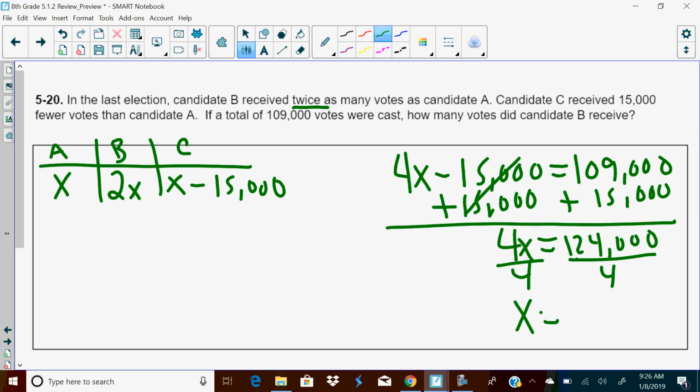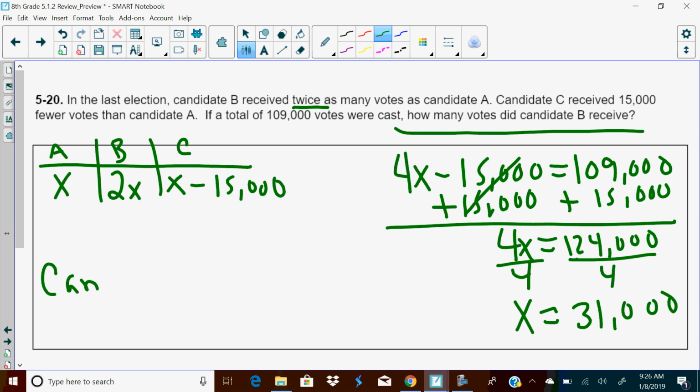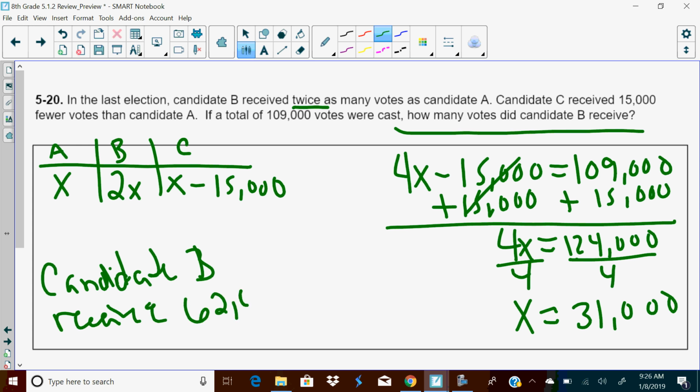So x ends up equaling 31,000, which is candidate A, but the question says how many did candidate B get? So candidate B received, so we double 31,000, so 62,000 votes.